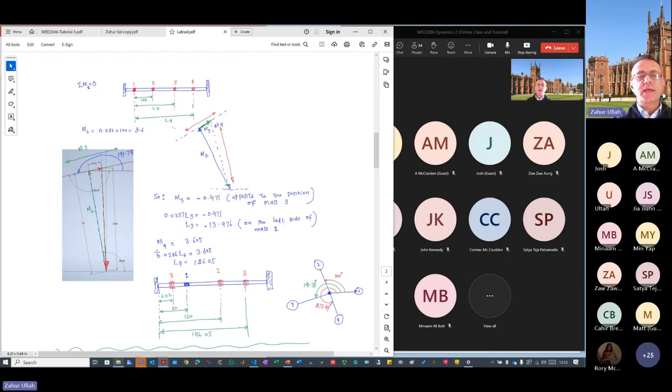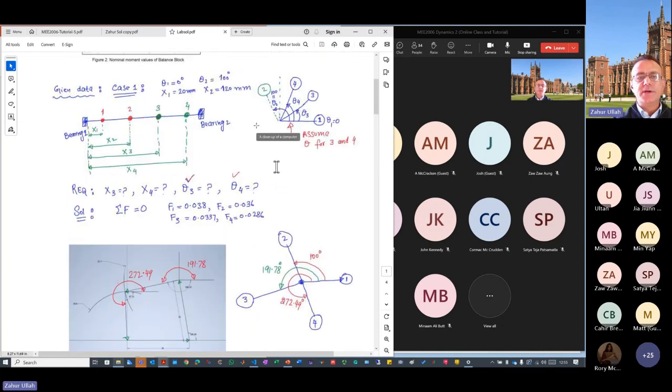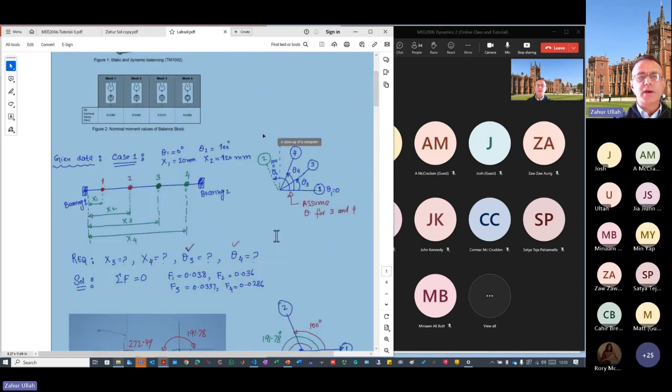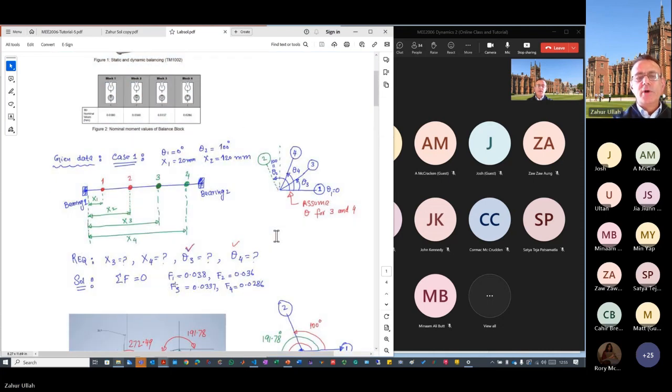And then you can calculate L4, which is in the same direction as the moment, so it's positive. So this should be 146.05. I think this is a bit different from the previous example, but the idea is the same: you have to draw the force and moment polygon. In this case, the difference is that you are given all the forces, and you need to calculate these two distances.